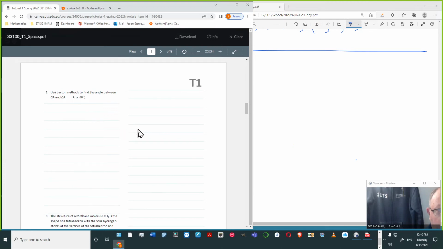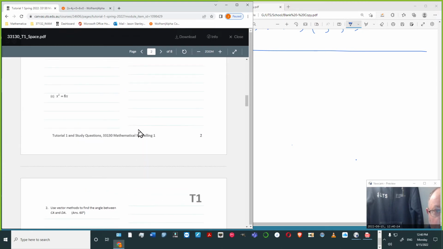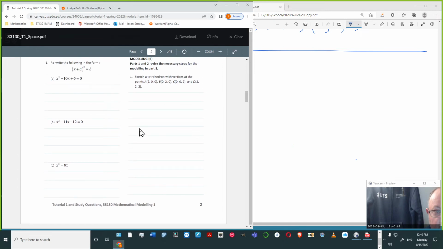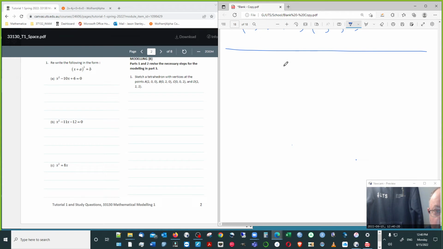Alright, so we need to use information from here. So let me just write that information down. Okay, so they're all sitting on axes.